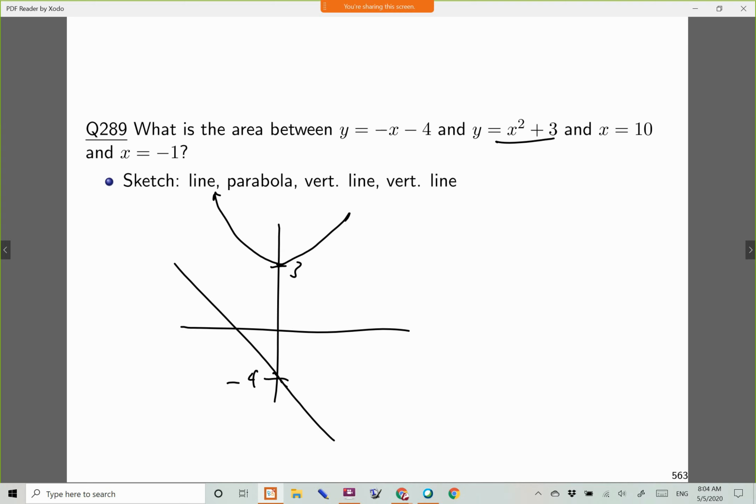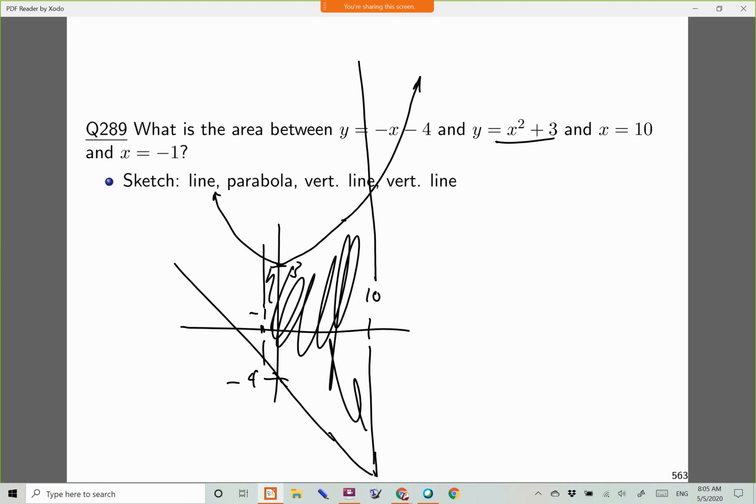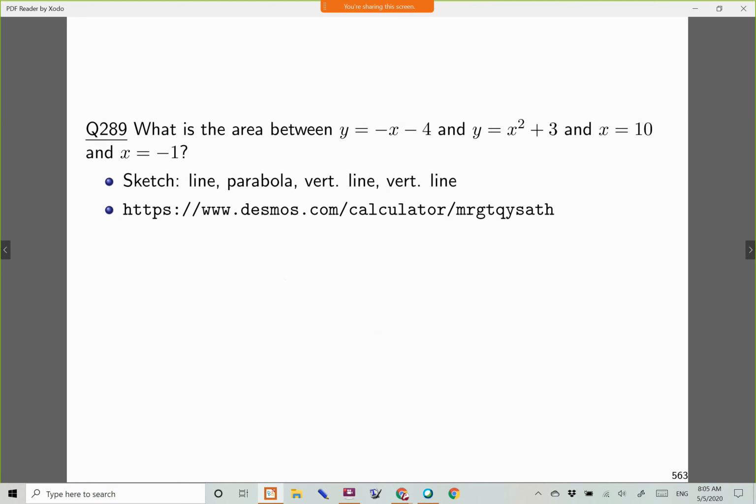At some point there's x equals 10, and it does cut through the parabola eventually. It also cuts through this line eventually, and then x equals negative 1, maybe it's right here. And so then we have this shaded region that we're trying to find. That's a very rough sketch, and a 5-second sketch of the types of functions that appear here is expected.